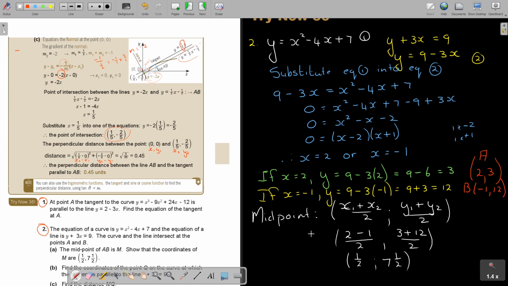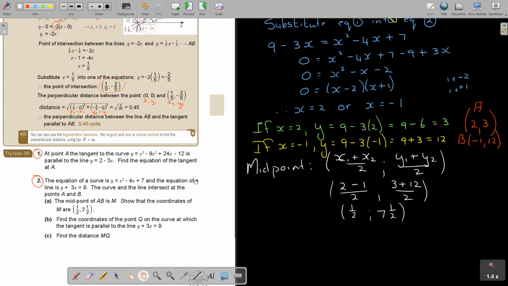Let's move up a little bit. Find the coordinates of the point Q on the curve at which the tangent is parallel to this line. Okay, now if it's parallel, let's just see, this is B. Now, don't forget, you still need it in this format.